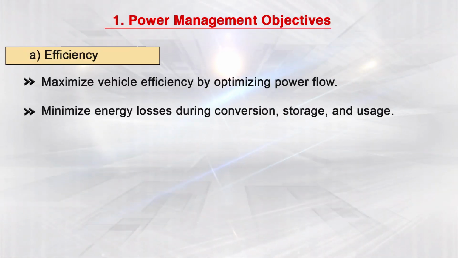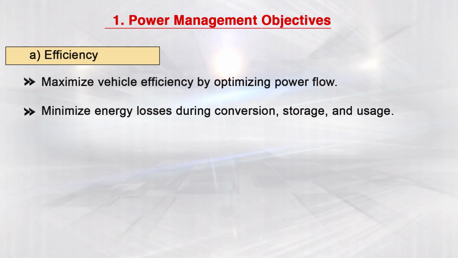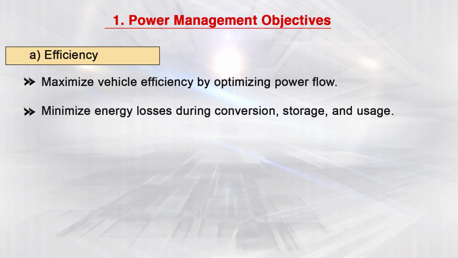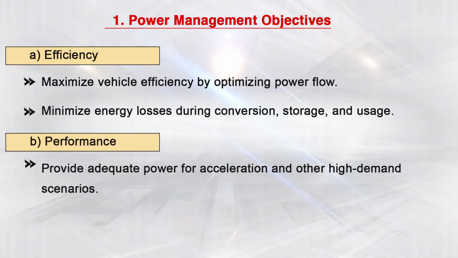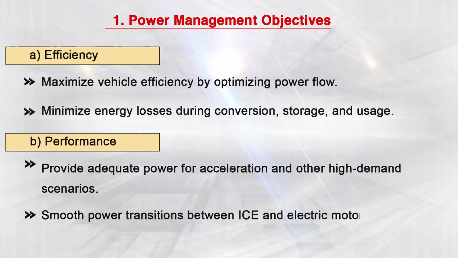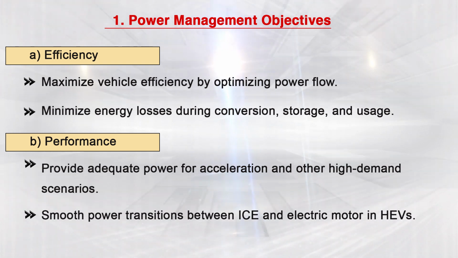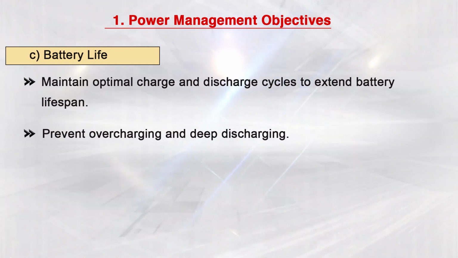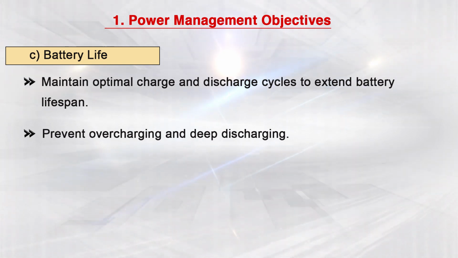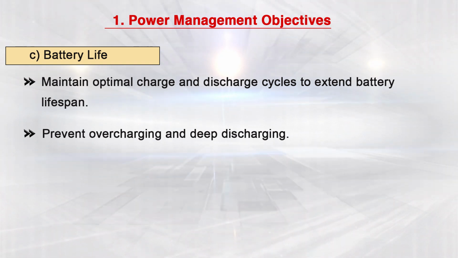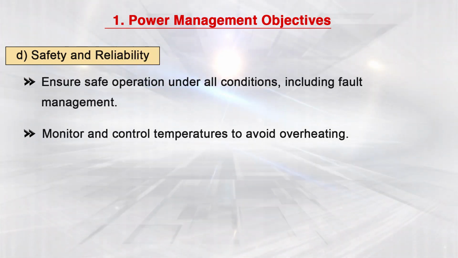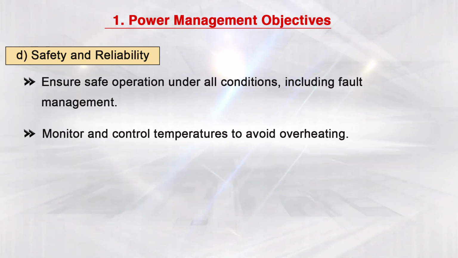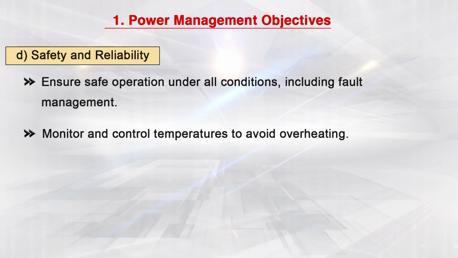So, there are certain major objectives of power management, and they are: maximizing vehicle efficiency by optimizing power flow, minimizing energy loss during conversion, storage and usage, providing adequate power for acceleration and other high power demand scenarios, smooth power transition between internal combustion engine and electric motor in case of hybrid electric vehicle, maintaining optimal state of charge and depth of discharge cycle to extend battery lifespan and to prevent overcharging and deep discharging of the battery, ensuring safe operation under all conditions including fault management, and monitoring and controlling temperatures to avoid overheating or to devise better thermal management or cooling mechanisms.